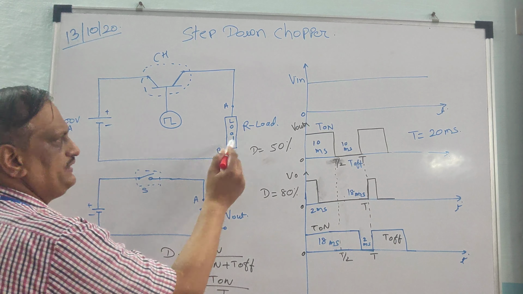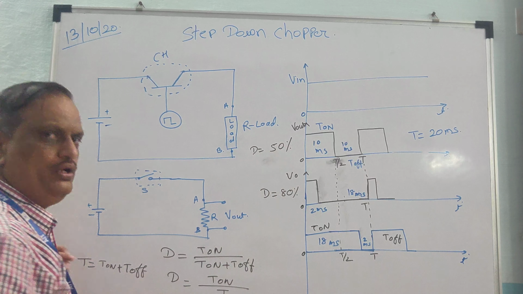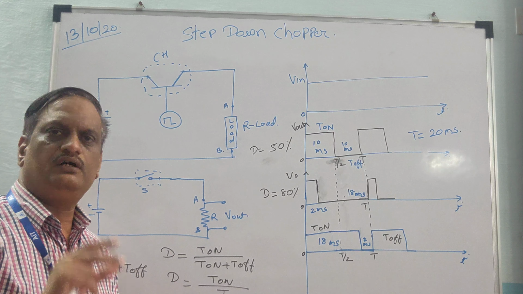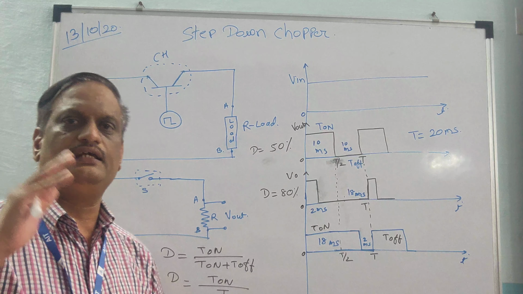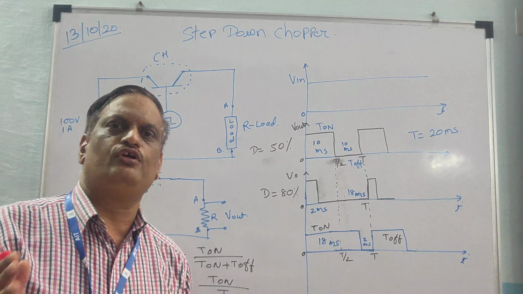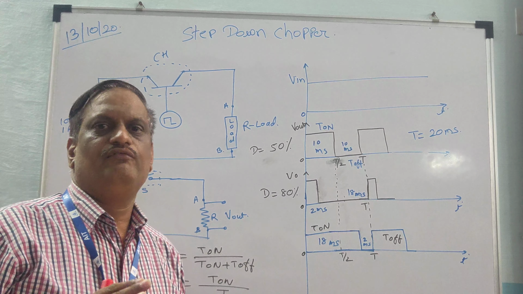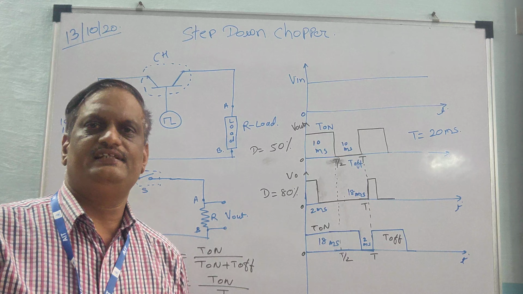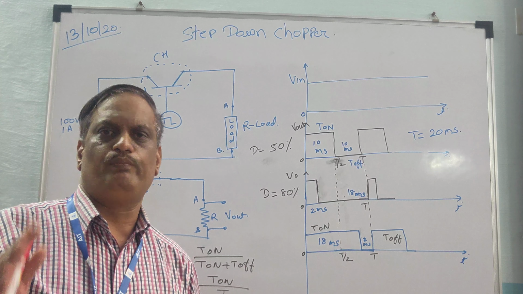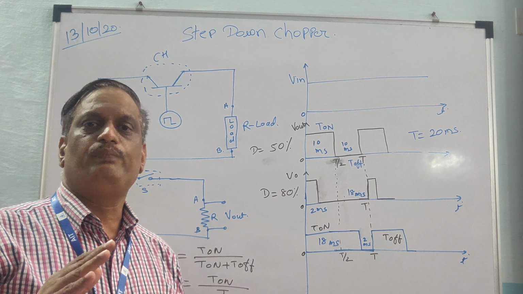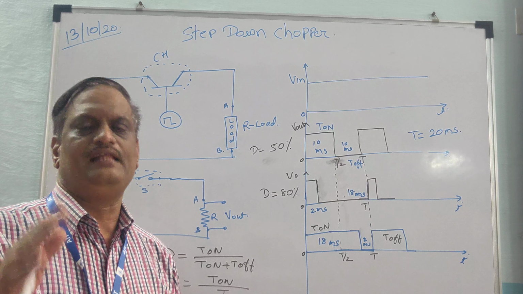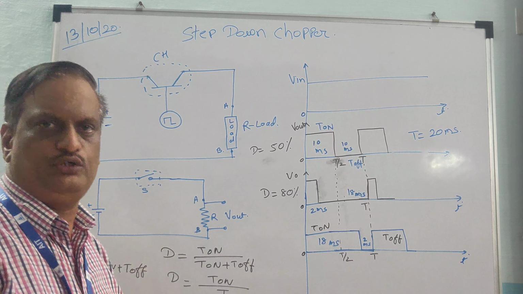For consideration, I am considering a resistive load, because in the case of a resistive load the current and voltage are both in phase with each other, and because of that the step down is clean and there is negligible power dissipation as compared to an inductive load.